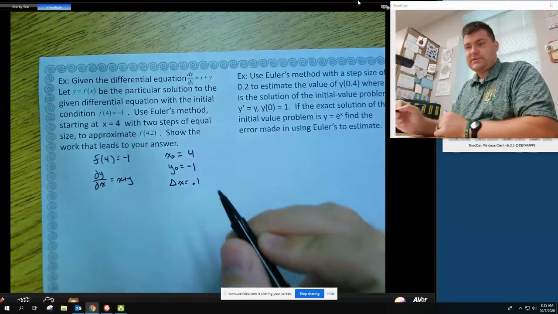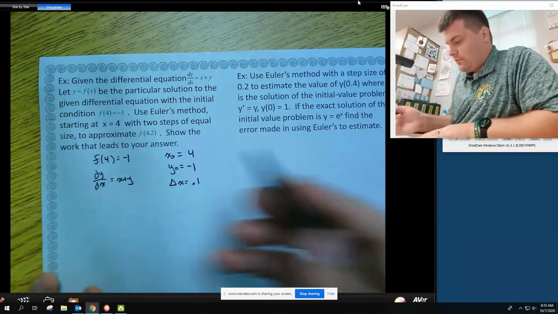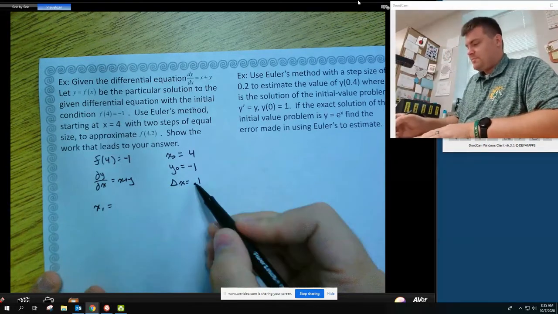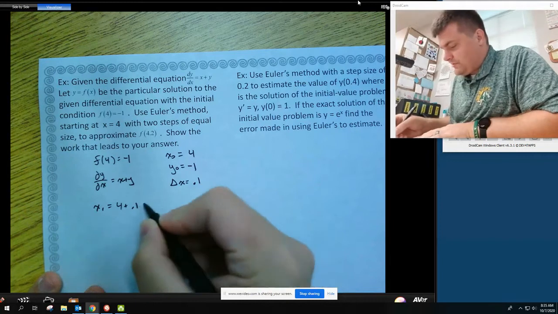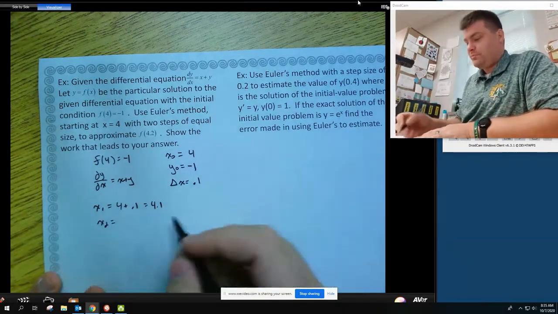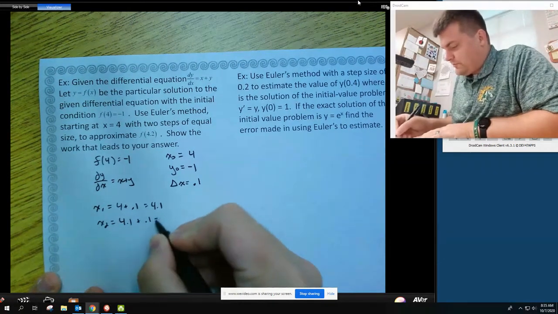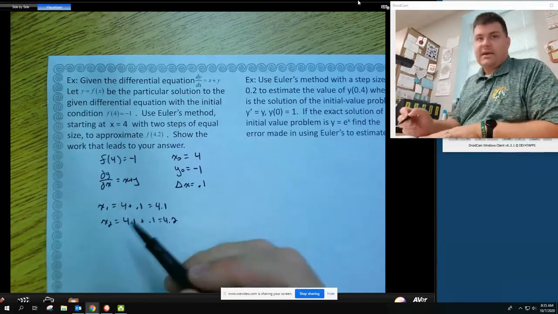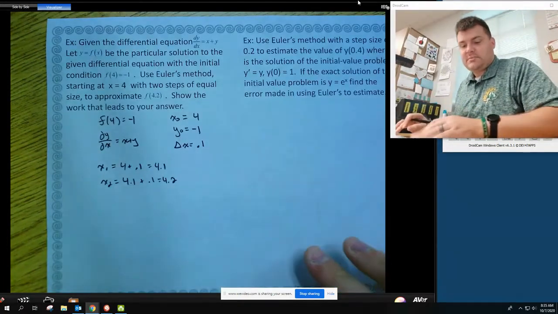So for x1, stepping, you get 4 plus 0.1, which is 4.1. For x2, you do the previous, 4.1, plus your change, 0.1, which is 4.2. So you found your initial x, x1, x2. You don't need to write all this down; I'm just writing it for the sake of your notes.